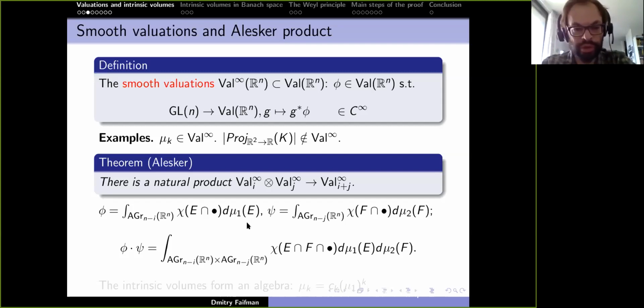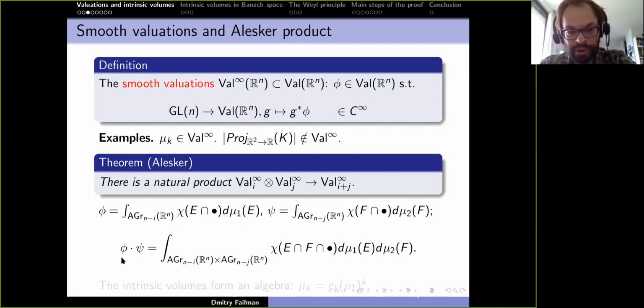Some measure can get a lot of valuations like this. So we have two valuations of this form, phi and psi, that correspond to two different measures, mu1 and mu2. Let me just say that those are not intrinsic volumes. Sorry that I used the same notation, just some measure on the affine Grassmannian.